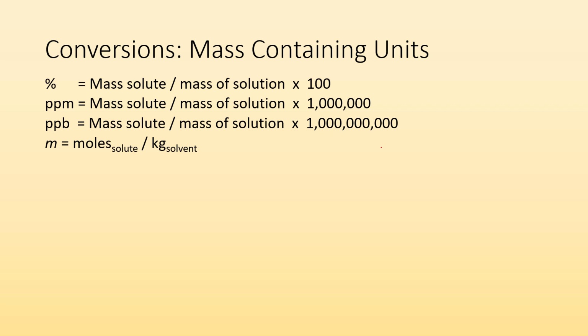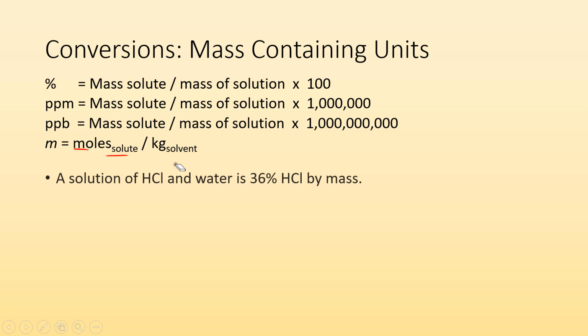And then molality, if I have the mass of solute, I can pretty easily get the moles of my solute. And chances are I also know the mass of my solvent. So if I take a look, a solution of HCl and water is 36% HCl by mass. What we're going to do is assume that we have 100 grams of that. So what is the parts per million?